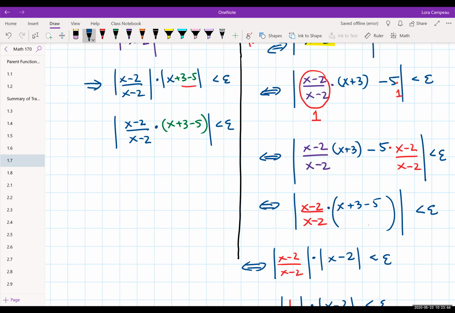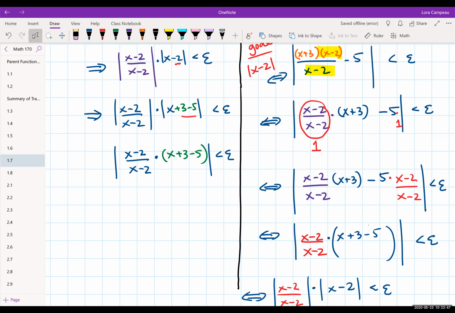And now if we work backwards, we could wave our hands over the previous steps, but what you're trying to show is that you see an x minus 2 over x minus 2 getting multiplied by an x plus 3 with the minus 5 on the outside.